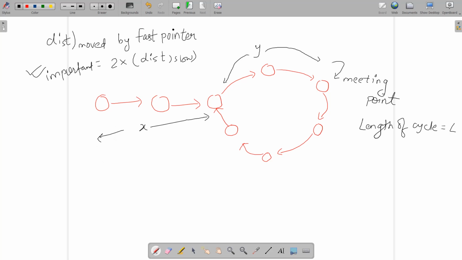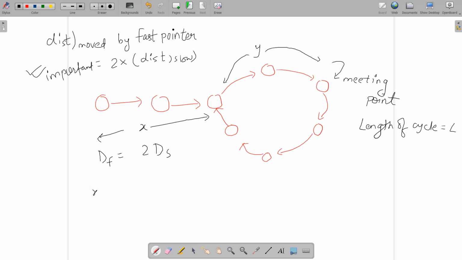So can you find out the distance moved by the fast pointer? Let's call it df, which will be twice ds, where ds is the distance moved by the slow pointer. X is the distance from the head of the linked list to the start of the cycle.